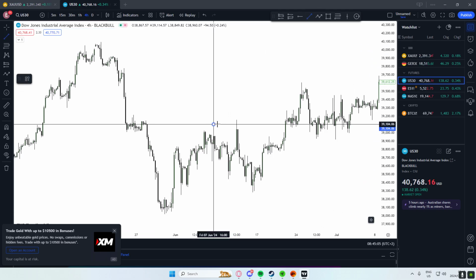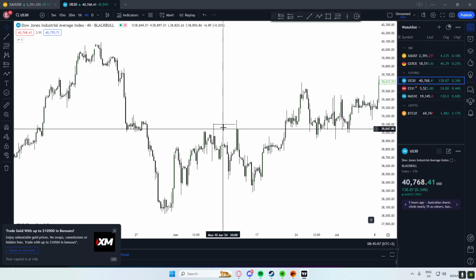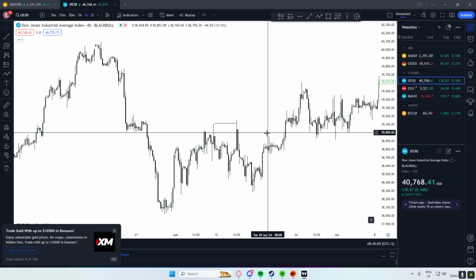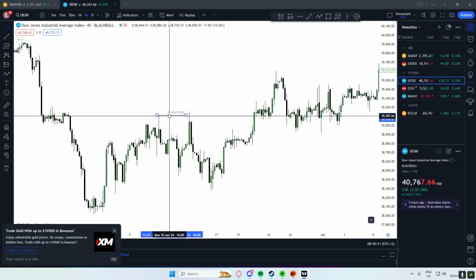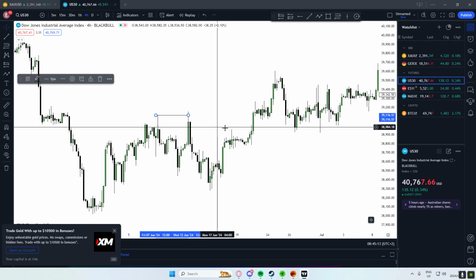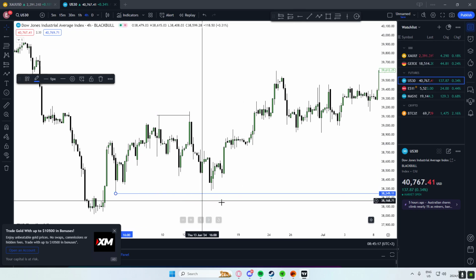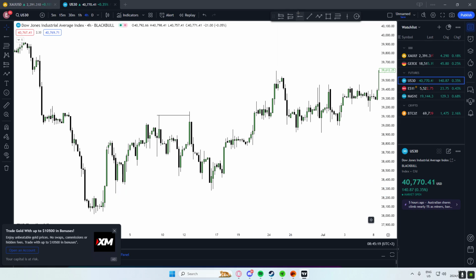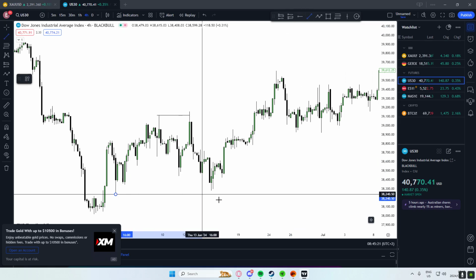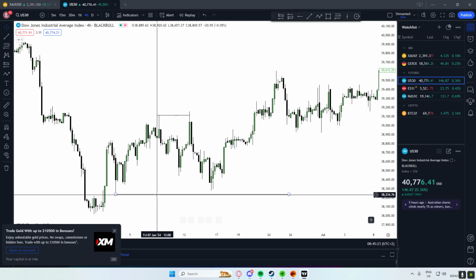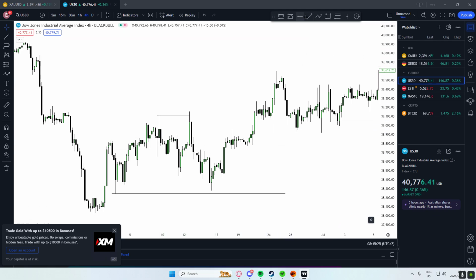We have a level of external that was created, right? External buy side, and then we had this level here of external sell side, and this level here of internal sell side.